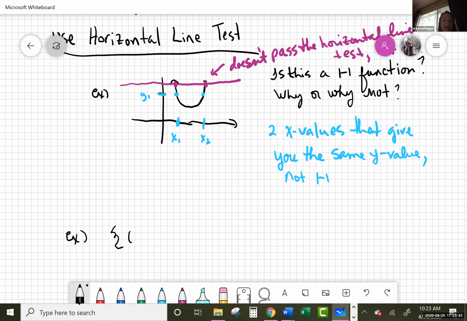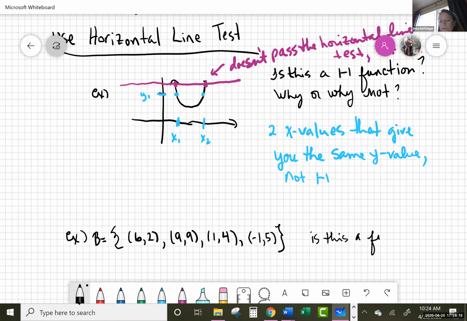So for instance, let's say you had a set B that gave you a set of points, and in that set, one of the points was (6,2), one of them is (9,9), another point would be (1,4), and (-1,5). So I don't know, is this a one-to-one function?